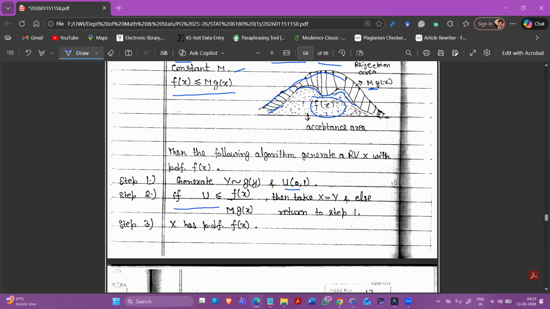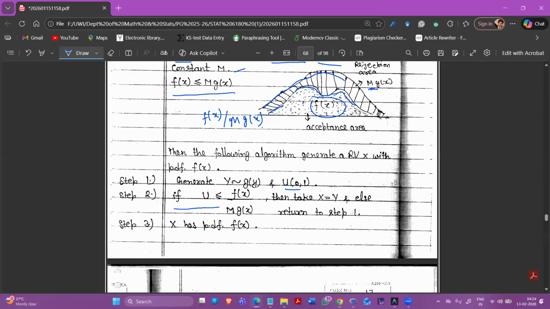If this condition is satisfied, it means that after dividing the density function f(x) by M g(x), the ratio should be less than 1, because when you generate values from the uniform distribution between 0 and 1, the random values will be between 0 and 1, so less than 1.